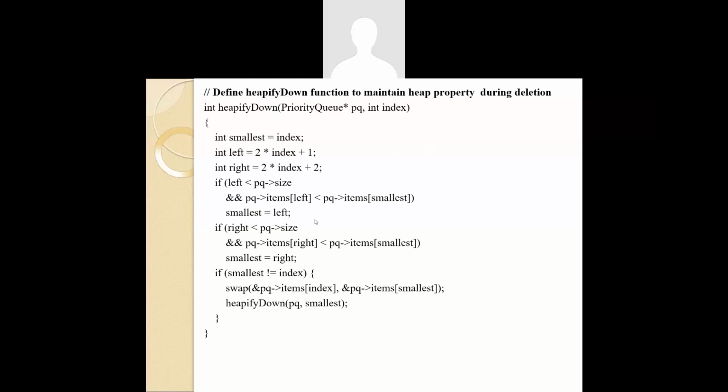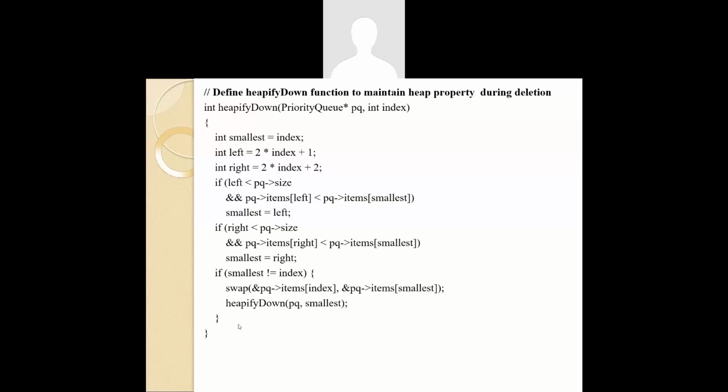Whatever I'm storing at the left index, I should compare with our item to see if it is less than. If that item is less than, I assign it as the smallest. Again, I am comparing with the right side of the array. If that is smaller, the right index is stored as the smallest.